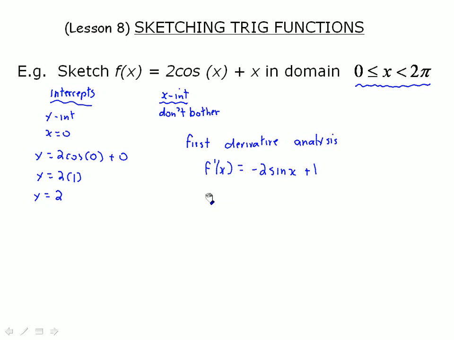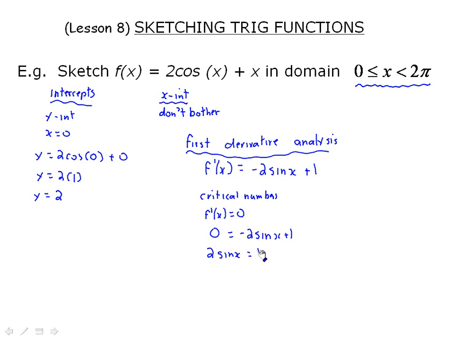So we get the critical numbers. f prime of x is equal to 0. I'm not worried about where it doesn't exist, because this thing is continuous in that interval. You get negative 2 sine x plus 1, so 2 sine x is equal to 1. So sine x is equal to 1/2.